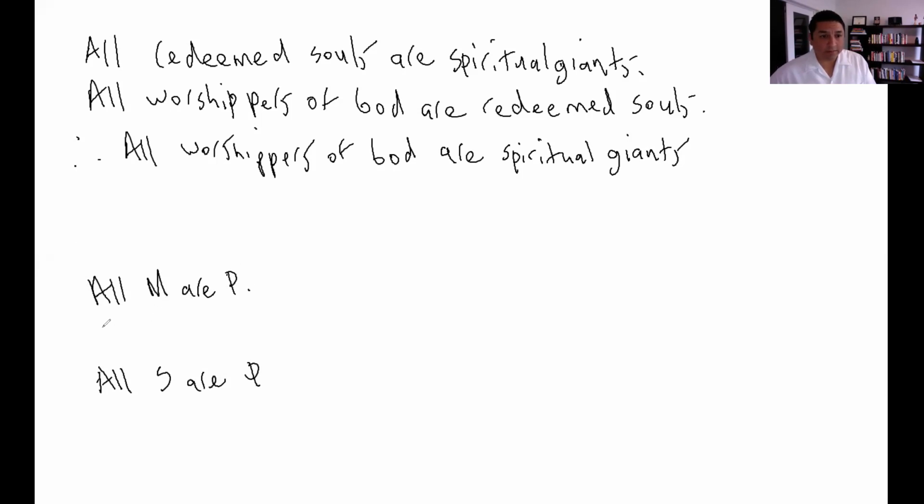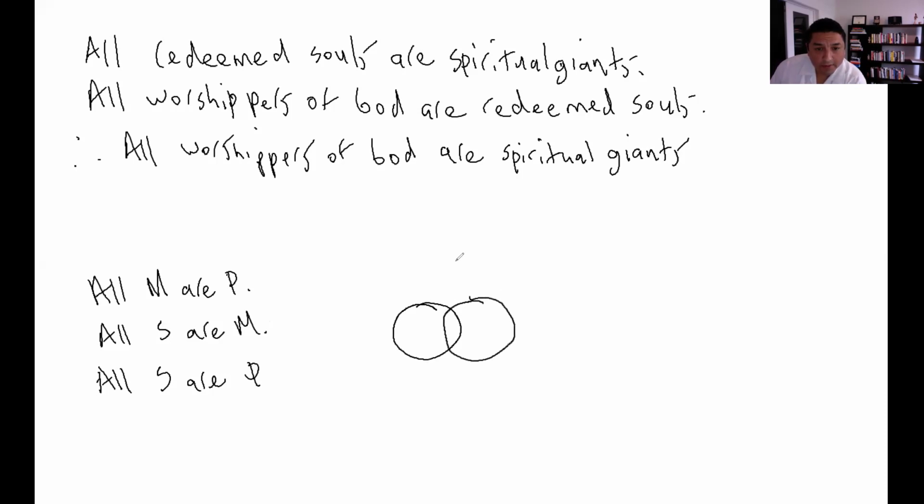For the minor premise, you have the minor first, and then the middle. Okay, so now we can go ahead and draw the Venn diagram for this to test for its validity.